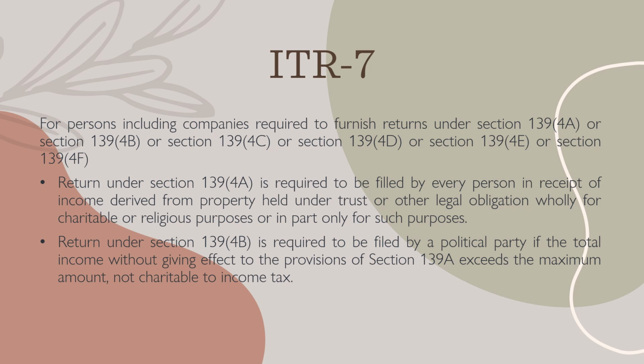Return under section 139(4)(b) is required to be filed by a political party if the total income without giving effect to the provisions of section 139(a) exceeds the maximum amount not chargeable to income tax.